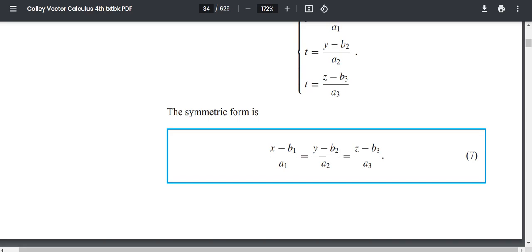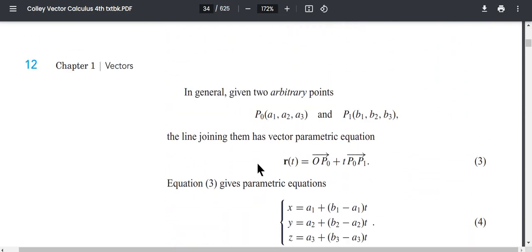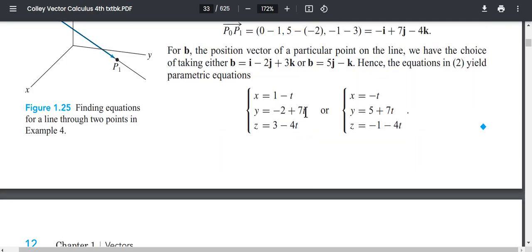Now if we go back to the previous example, which we didn't actually do, they asked us to find the line through these 2 points. And these were the parametric equations that we got. And they showed that you could get two different sets of parametric equations, depending on what A you use.